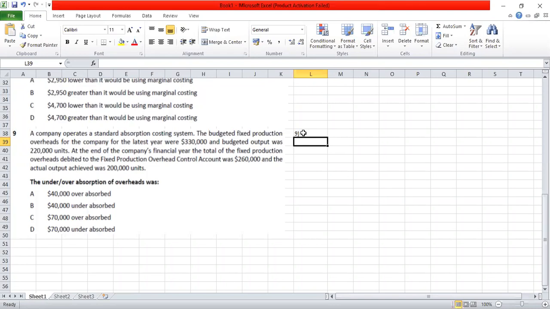Question number 9. A company operates a standard absorption costing system. The budgeted fixed production overheads for the company for the latest year were 330,000 and the budgeted output was 220,000 units.